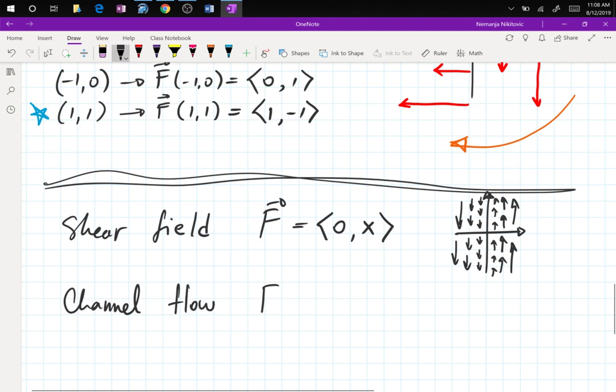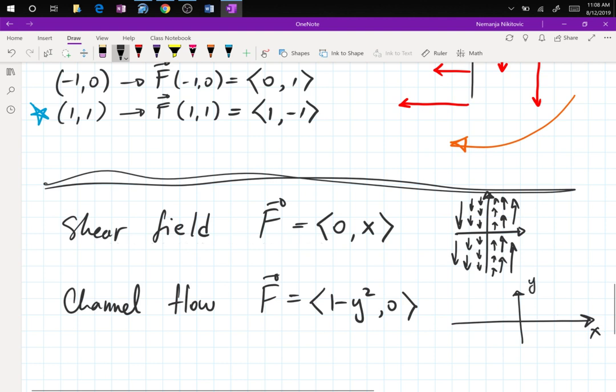Which is given by, in this case, now obviously you can swap x and y's and stuff like that. So 1 minus y squared, 0, which will create a flow like this.